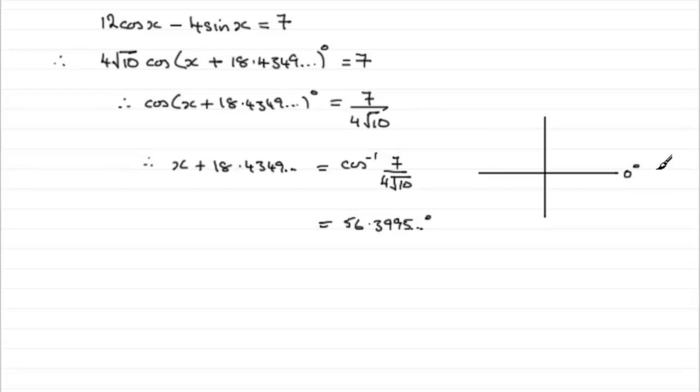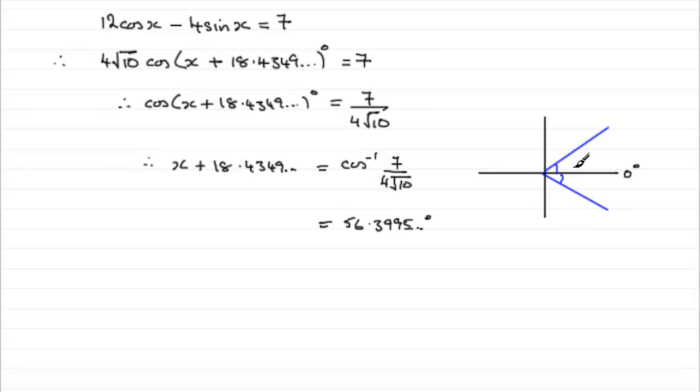But this will be 0 degrees, and we're looking for where cosine is positive, and cosine is positive in the first quadrant and the fourth quadrant. So I'd mark 2 lines equally inclined to the horizontal here, and this will be 0 degrees. I'd mark those in as being the same angle. And what we want is solutions between 0 and 360 degrees.